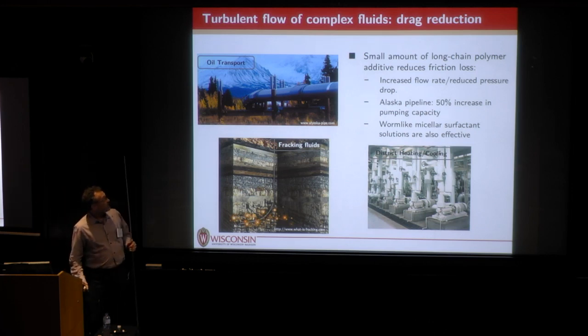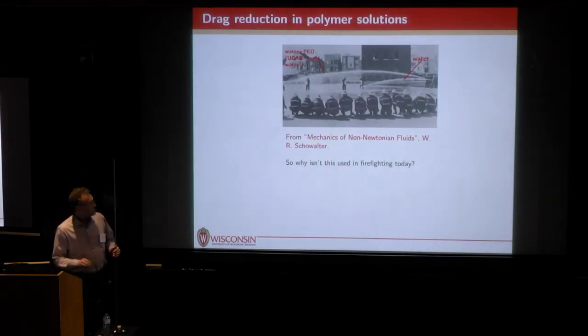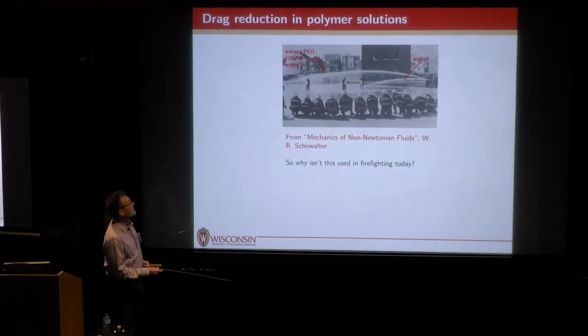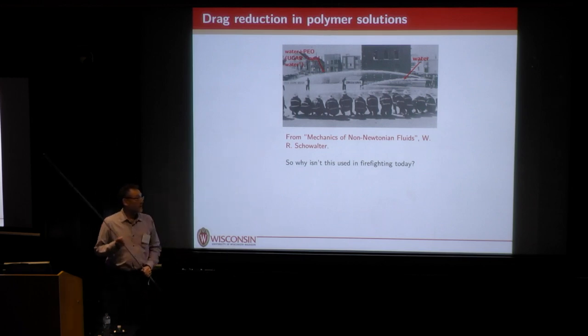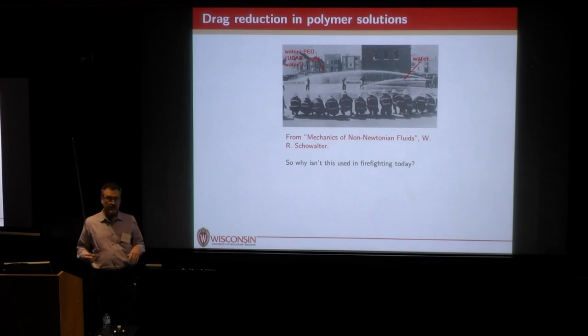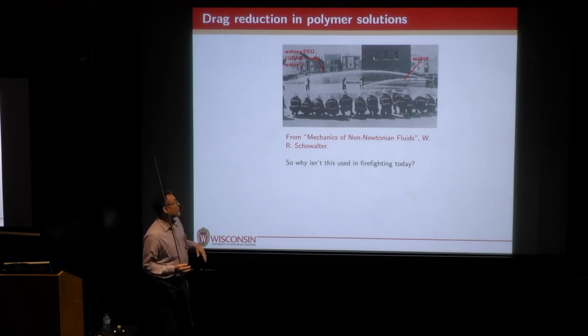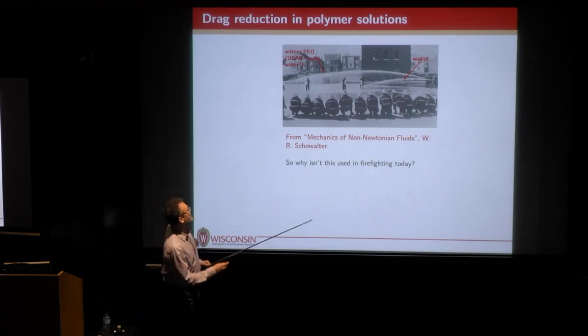As a really nice example of this, it used to be the case that Union Carbide, which no longer exists, was selling rigs that would add polyethylene oxide, a very long chain, very inexpensive polymer, to water for firefighting applications. So this is an old picture.